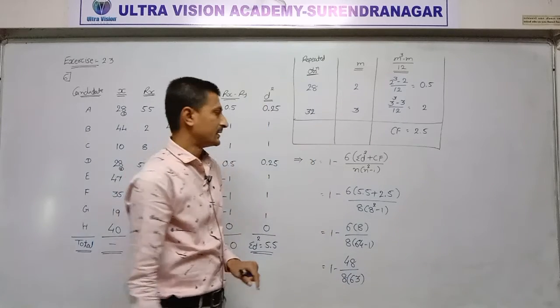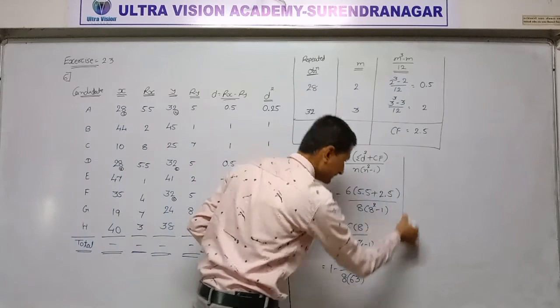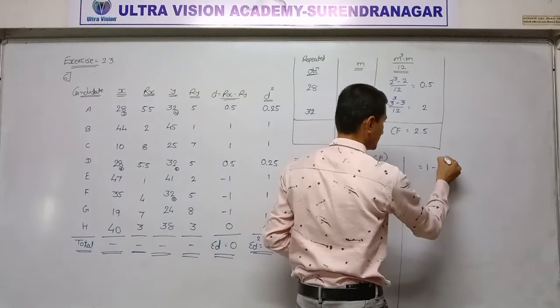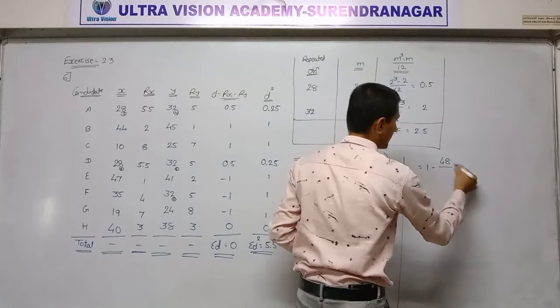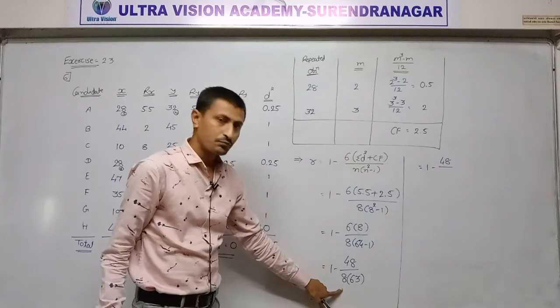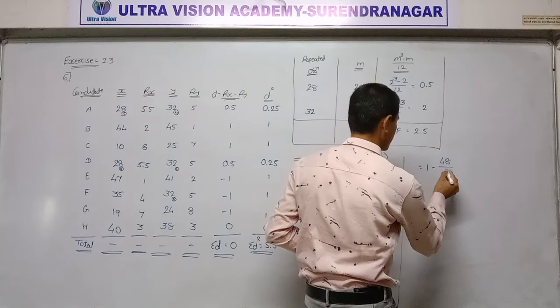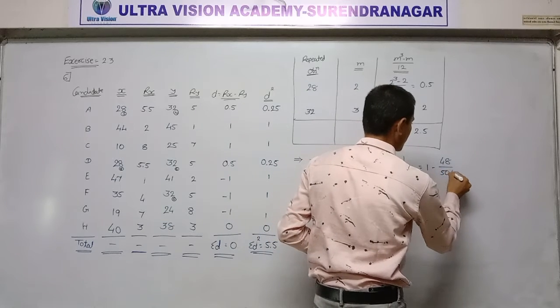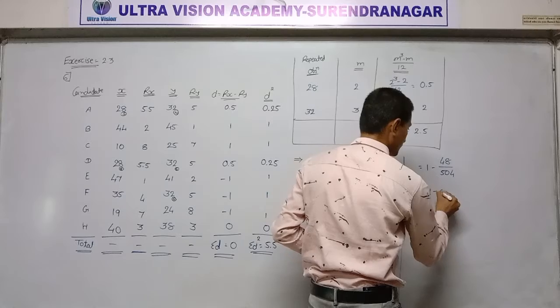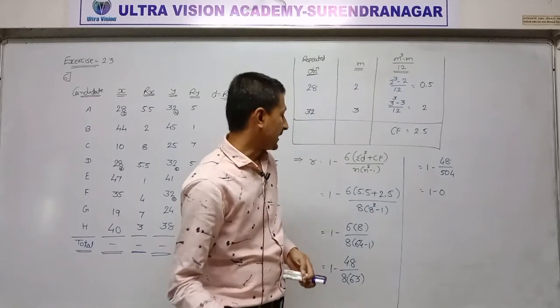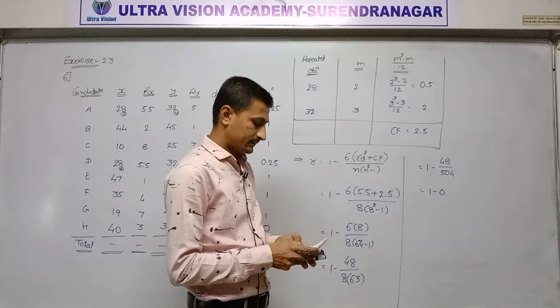Now next step: 1 minus 48 divided by, using the calculator, 8 into 63, which is 504. Now next, 48 divided by 504.